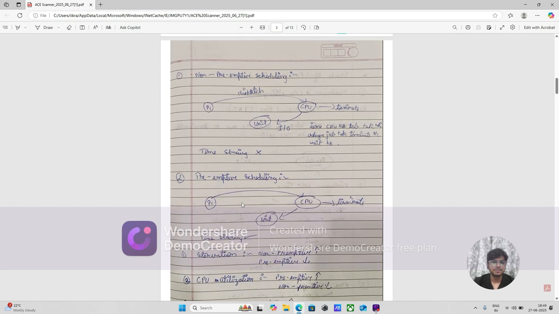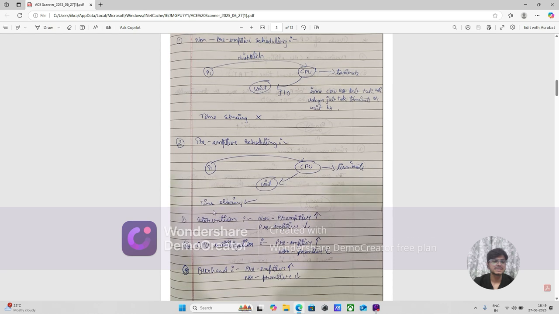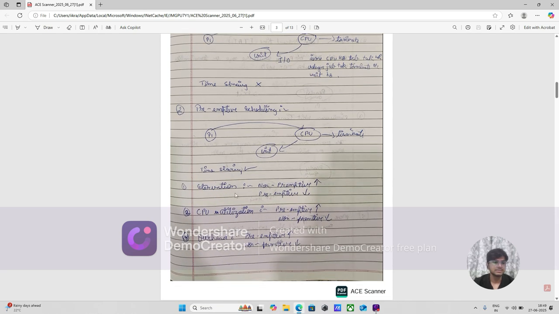And in preemptive scheduling, P1 is allocated, but there is time sharing. If this time sharing is there, then P2 is allocated to the CPU like that. So starvation in non-preemptive is more; in preemptive there are low chances.